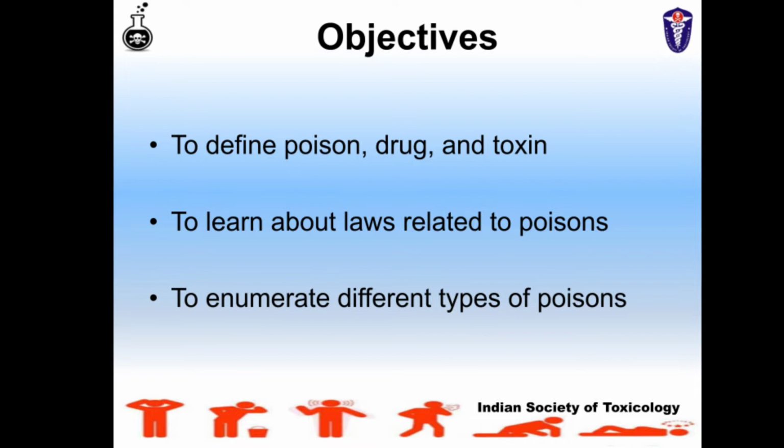So let's look at the most basic definition, and that is the definition of toxicology. When we look at this particular word toxicology, there are various interpretations as to what it means. So there is no such thing as a standard definition.